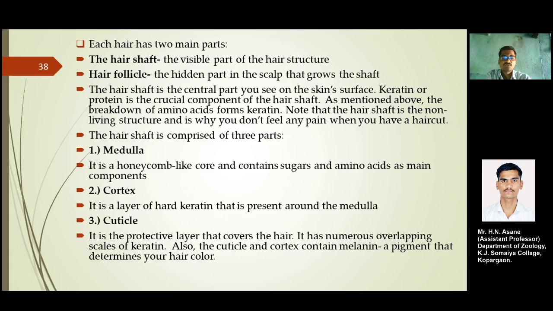The third will be the cuticle, the protective layer that covers the hair, and it has numerous overlapping scales of keratin. Also, the cortex contains the melanin, that is the pigment cells, and that determines your hair color.